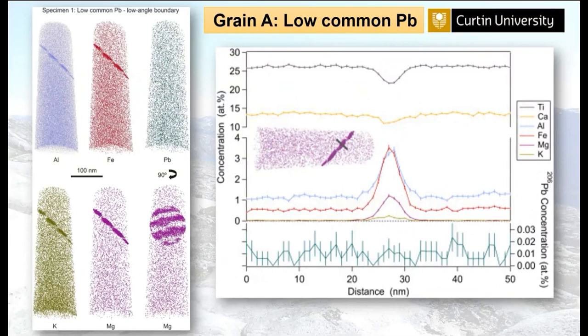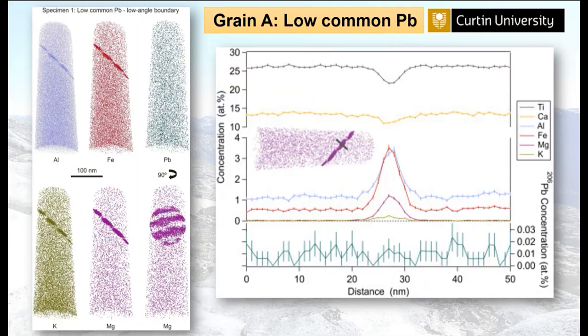So our first needle, which is our low common lead grain, we have a reconstructed needle, and I bring your attention to the fact that lead is homogeneous, but there is some structure here where we see enrichment in aluminium, iron, potassium, and magnesium.